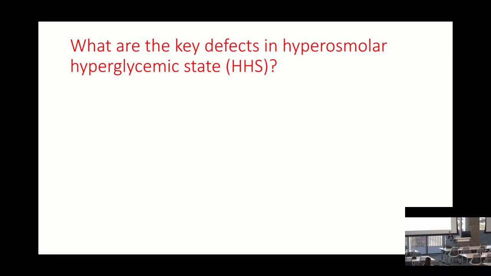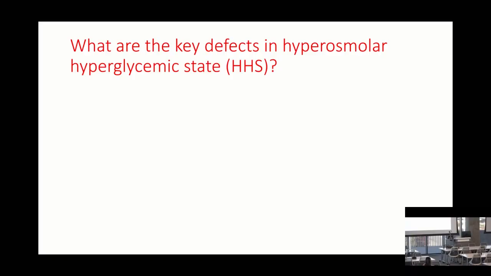Okay, so that's correct. There's severe hyperglycemia. That's the underlying problem. And that leads to increased osmolality, osmotic diuresis, and severe dehydration, much more than you will have in DKA. But you're still making some insulin, because this is usually in type 2 diabetes.